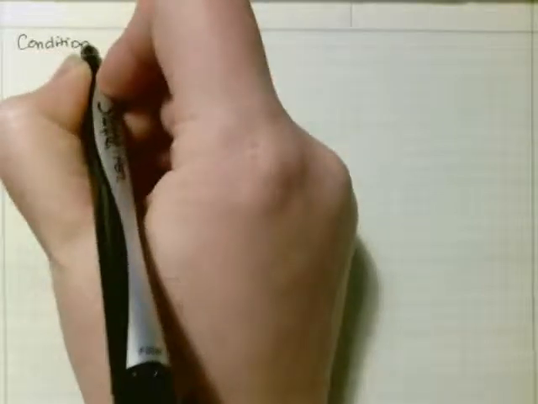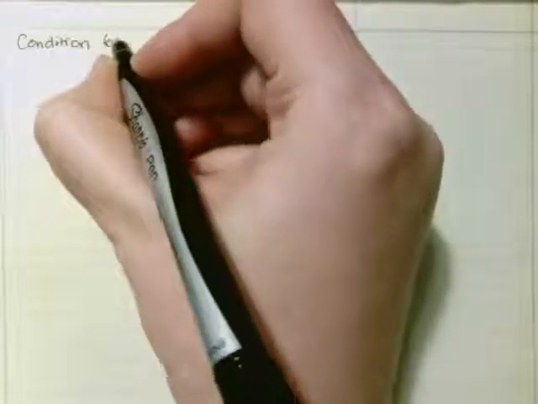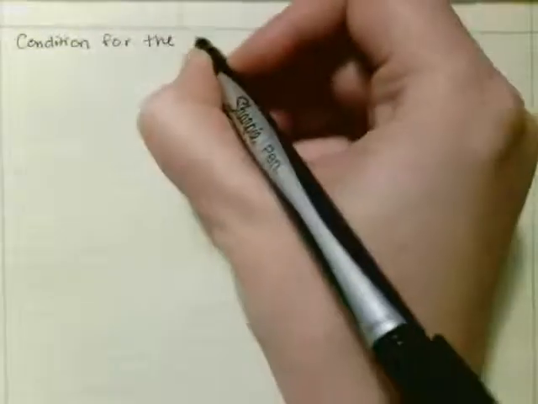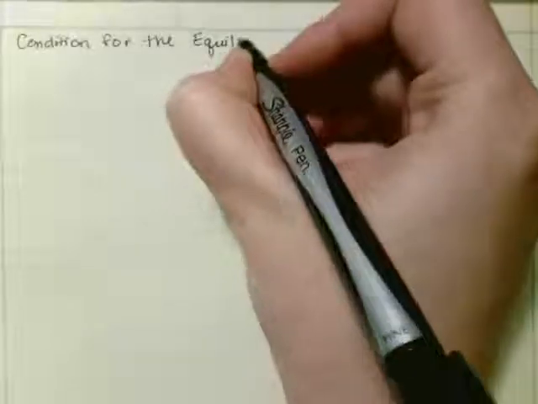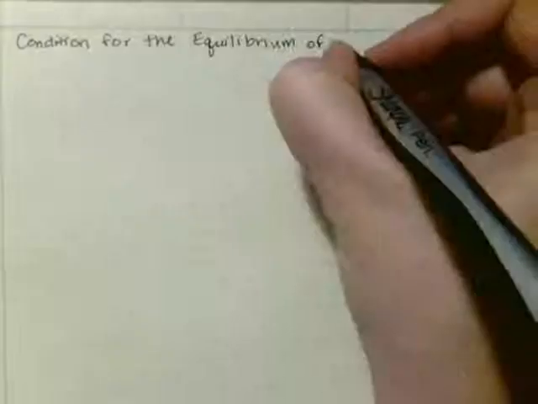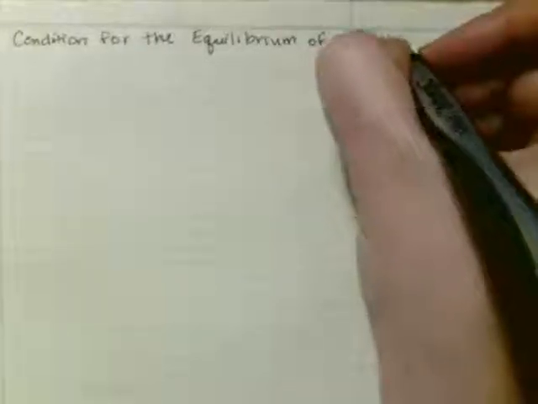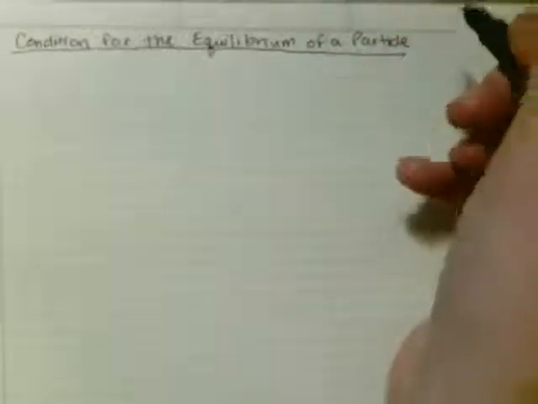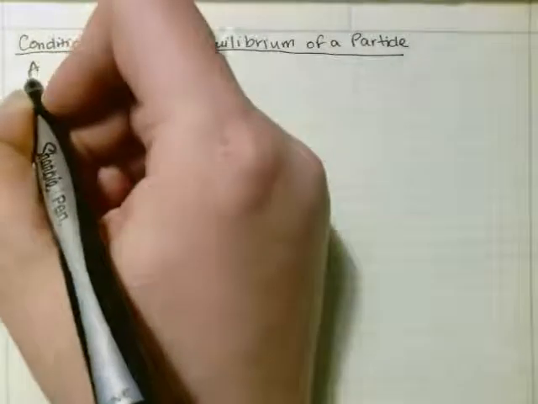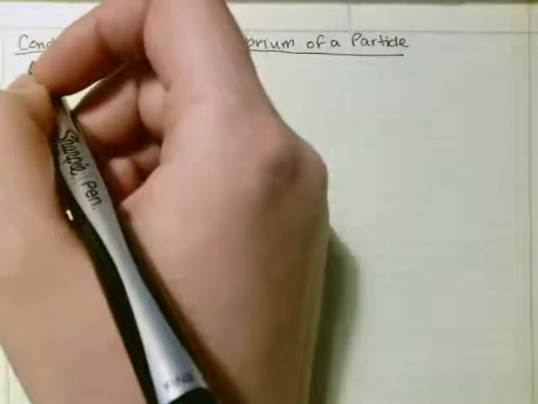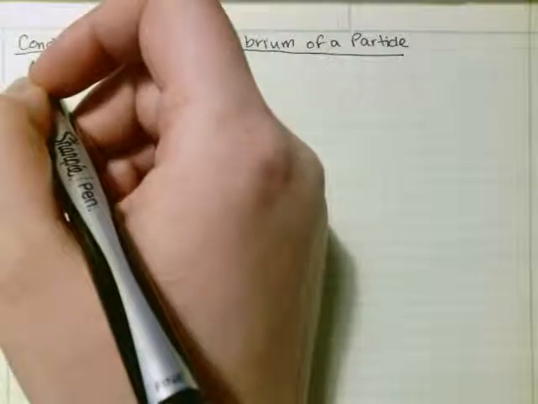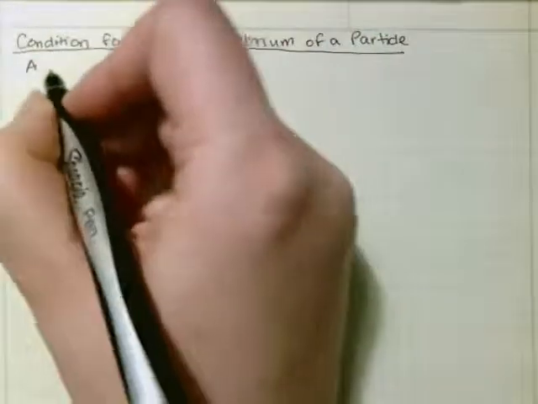So, for the condition for the equilibrium of a particle: a particle is said to be at equilibrium if it remains at rest if originally at rest, or has a constant velocity if originally in motion.